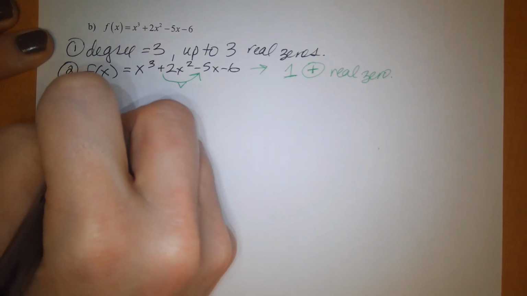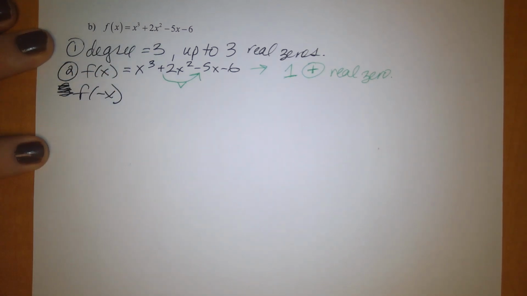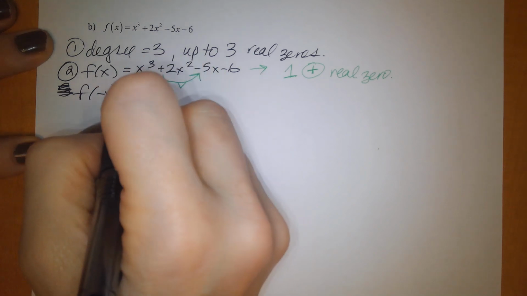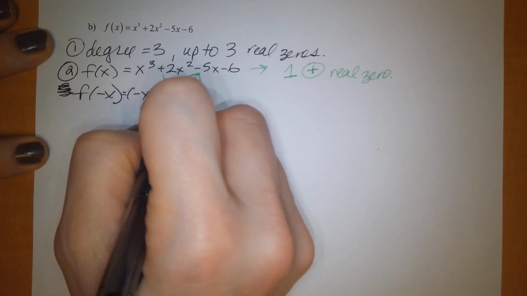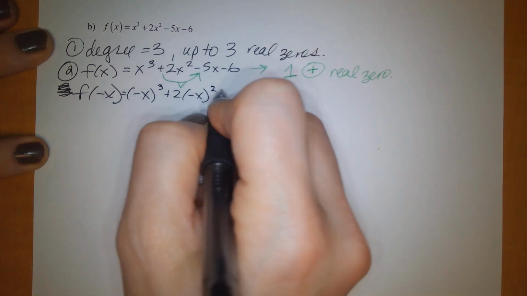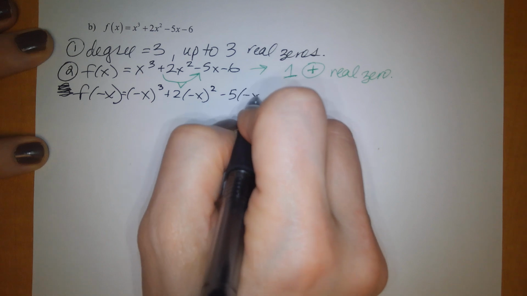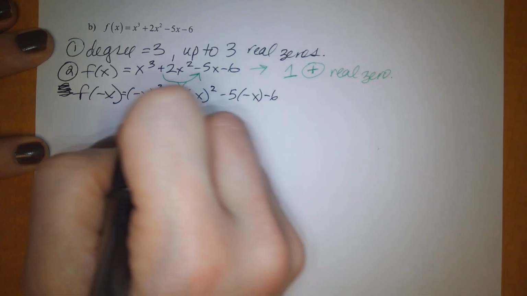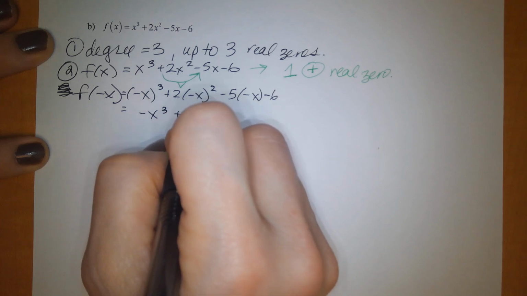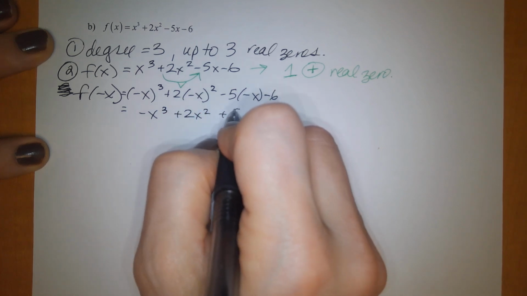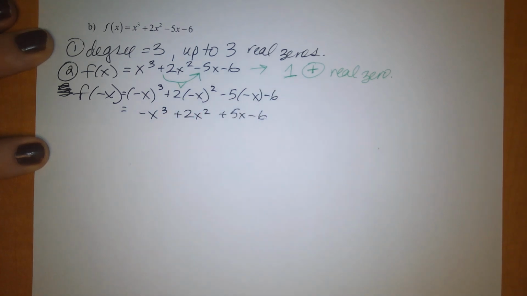Now let's find f of negative x to determine the number of negative real zeros I might have. So now I plug in negative x. So negative x to the third plus 2 times negative x squared minus 5 times negative x minus 6. Well, that's equal to negative x to the third plus 2x squared plus 5x minus 6.